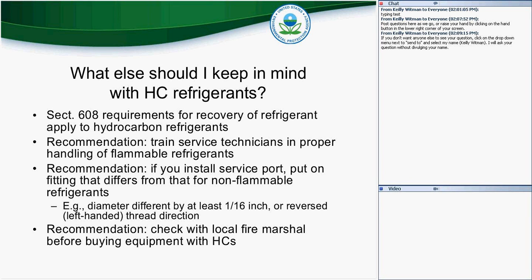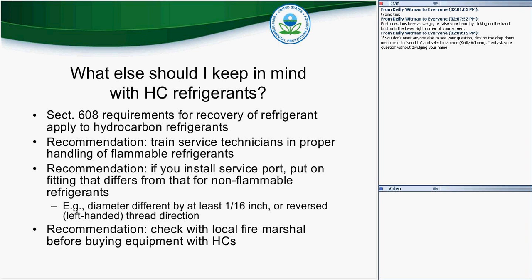If you are doing your own servicing and you install a service port, we would recommend that the kind of fitting that you put on be different from that used for non-flammable refrigerants. It could be a different diameter, or perhaps the easiest way is just reversing the thread direction so that it's left-handed.